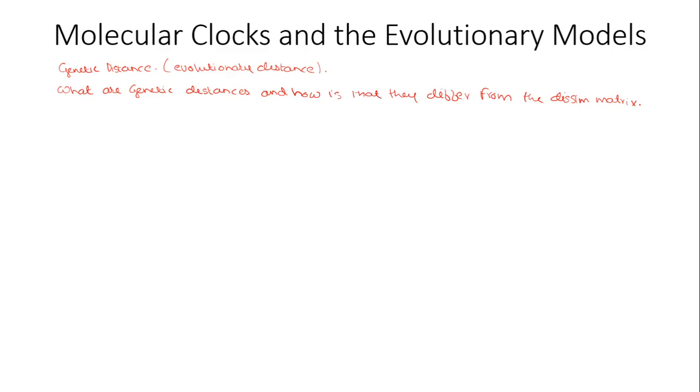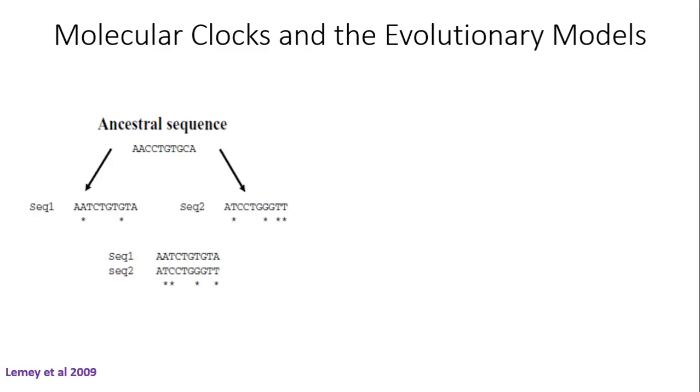Usually in evolution, one ancestral sequence diverges into two daughter sequences. For example, this is the ancestral sequence shown over here. In the ancestral sequence, mutations happen in all of these positions.